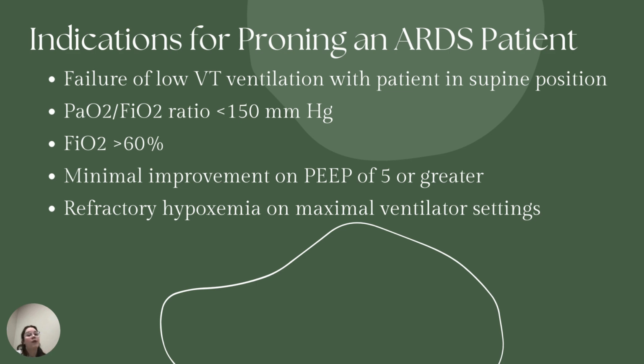And then also refractory hypoxemia on max vent settings. If they're getting 100% FiO2, if they're on PEEPs of 15, 18, 20, if they're on the tidal volume range that we can put them on and their pressures are all about max they can be, then we've done everything we can and it's not making them any better. So we could try proning.